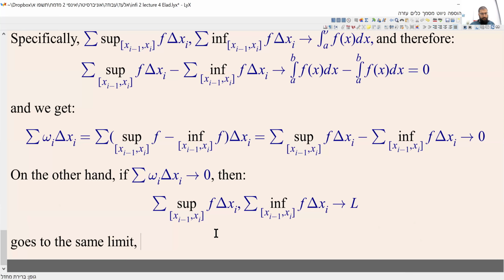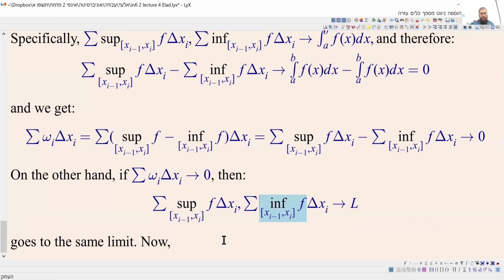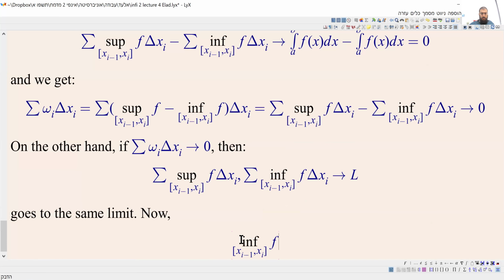f of Ci is always between the infimum and the supremum, whatever it is called.